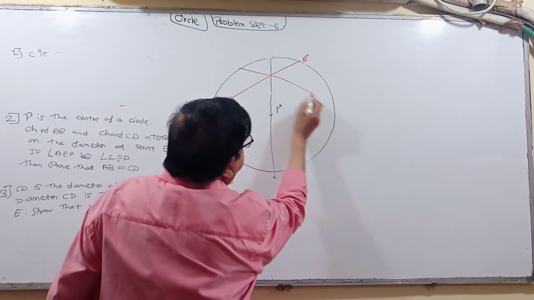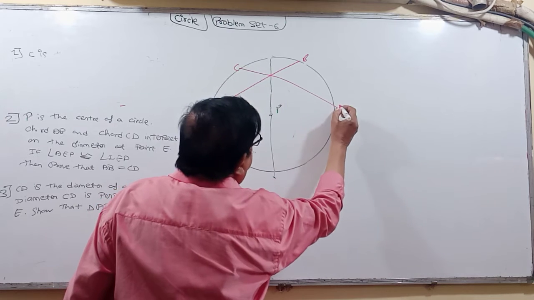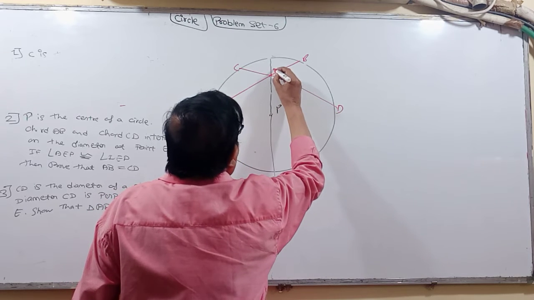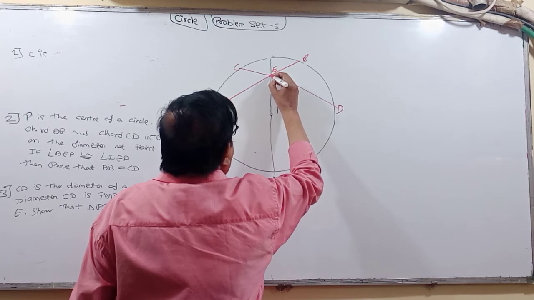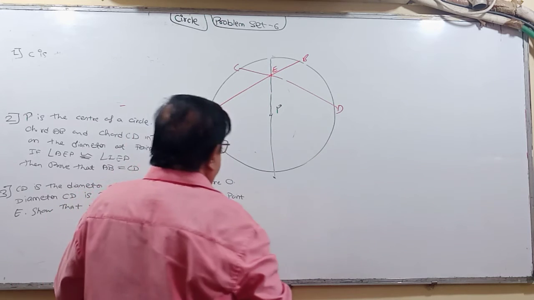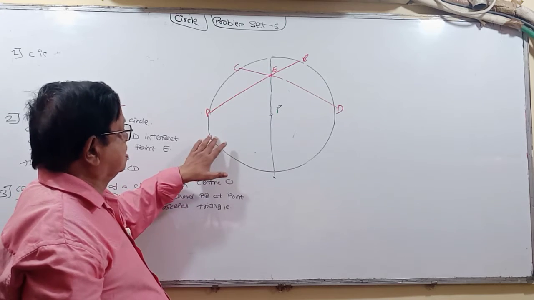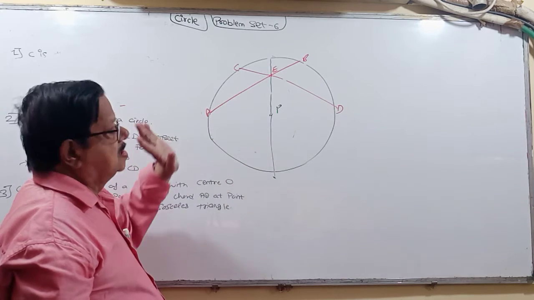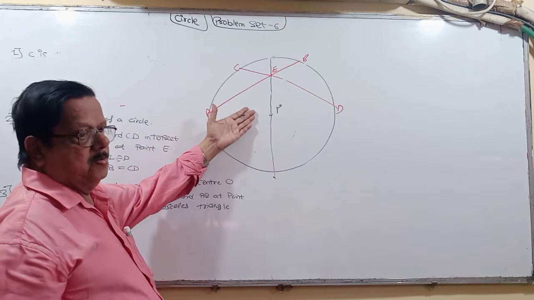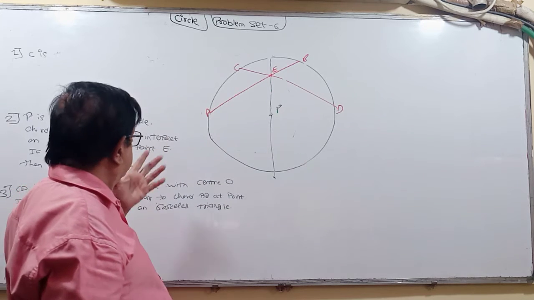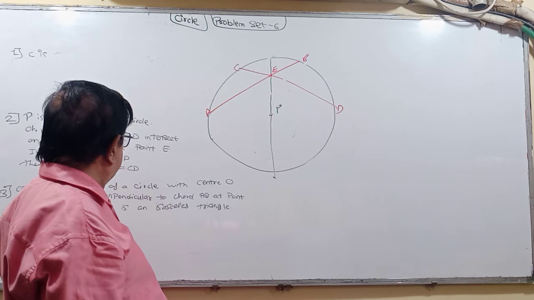This is chord CD. They intersect at this point on the diameter at E. So you have to figure out the figure. I think the figure is given, but even if the figure is not given, you should be able to interpret the thing and figure out the figure.